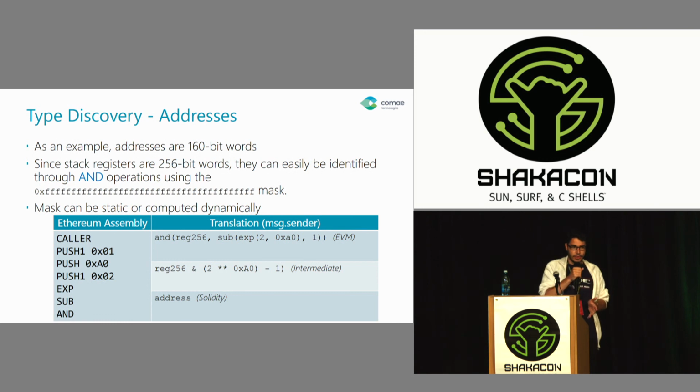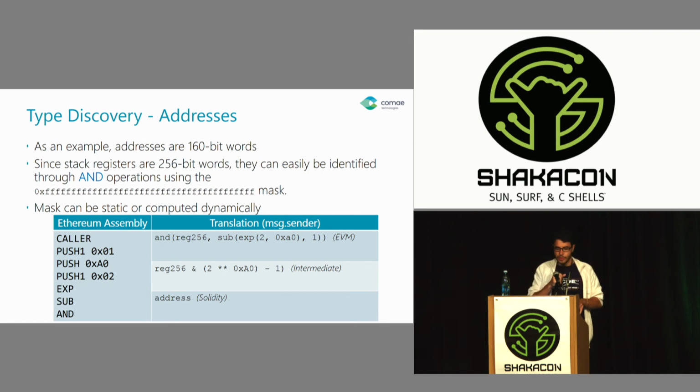So you would see it either statically or dynamically. Like in the case below, that mask is being computed dynamically. But those are quite standard and they are already pre-compiled.